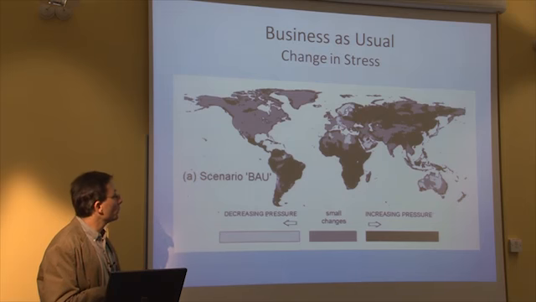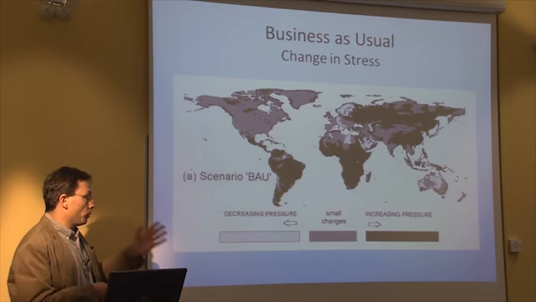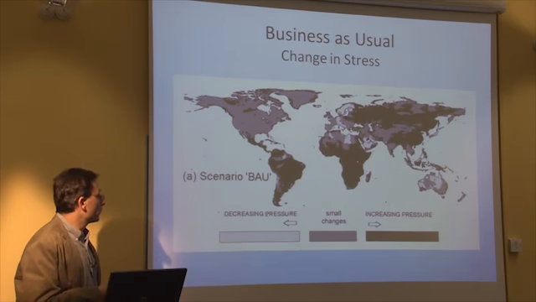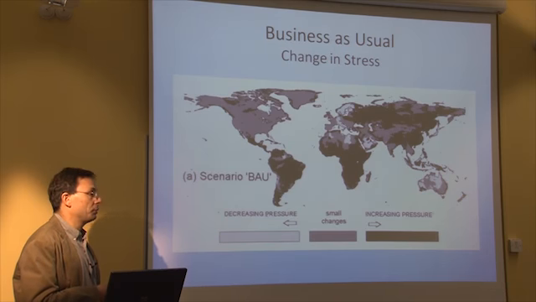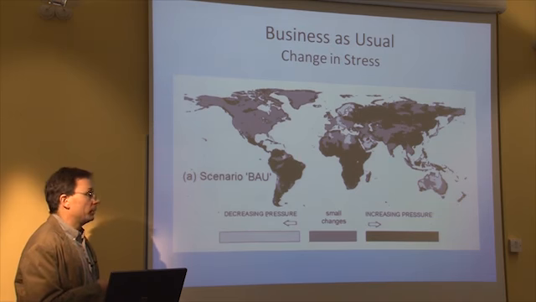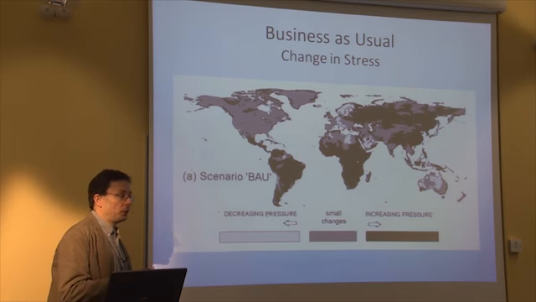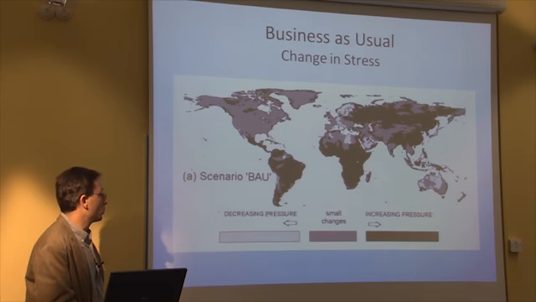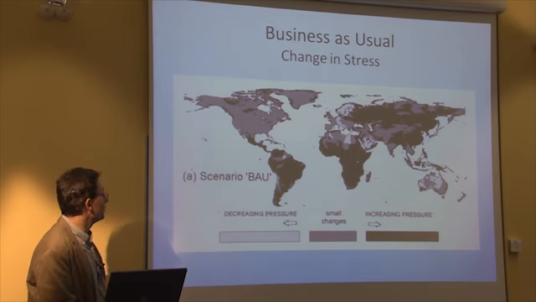And as you can see, most land areas where people live experience either an increase in pressure or no real change. That's not surprising because of the underlying population scenarios: more people, more water demand under a business as usual scenario.